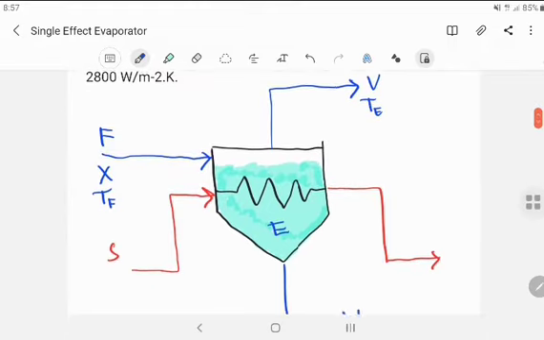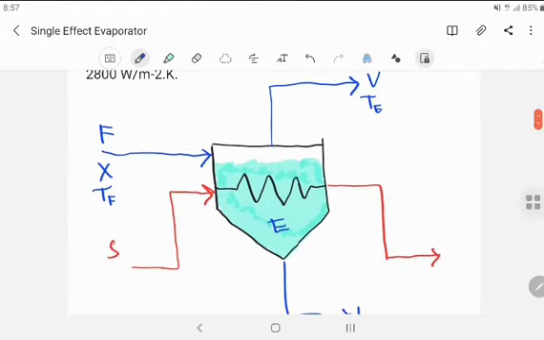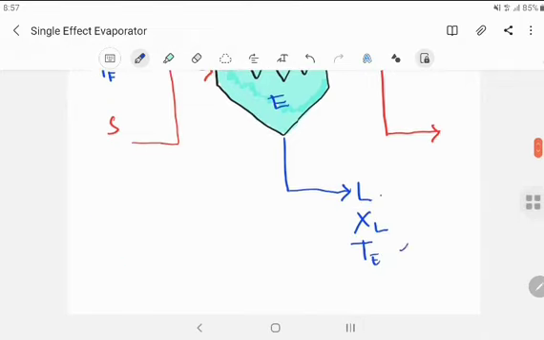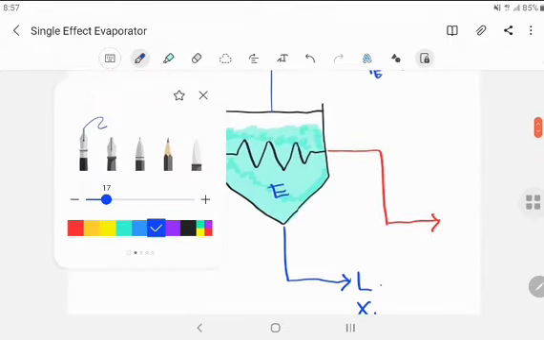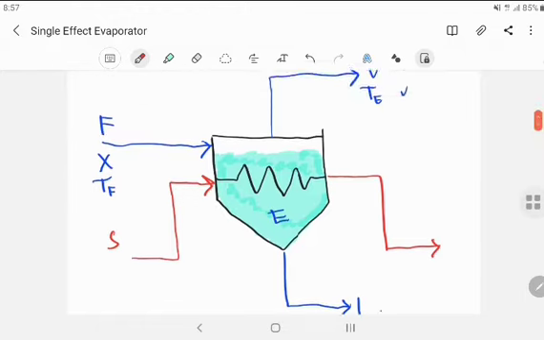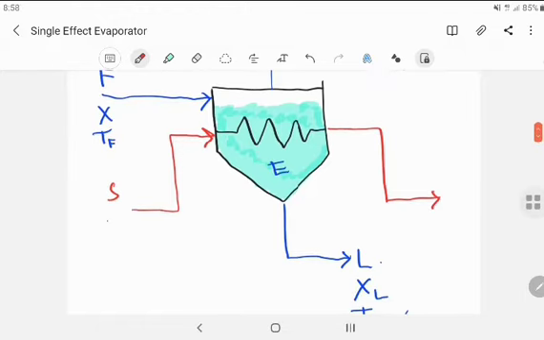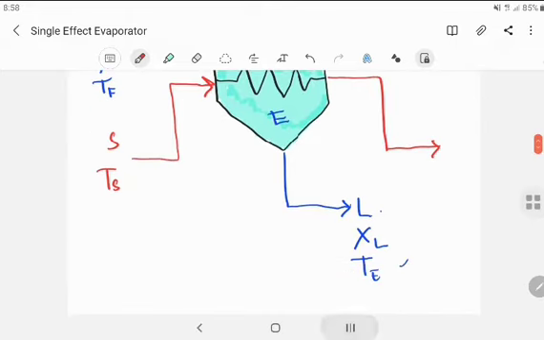So in here we are assuming that the temperature inside the evaporator is the same with the outlet temperature at the vapor and at the liquid. While for the steam itself, it has a saturated temperature, since we have saturated steam in here.